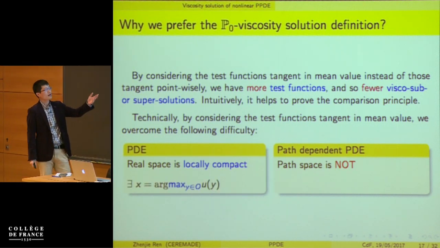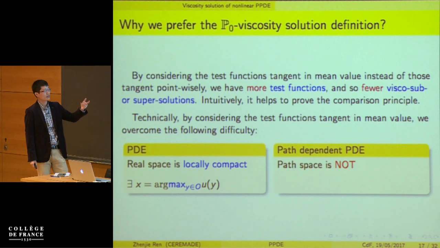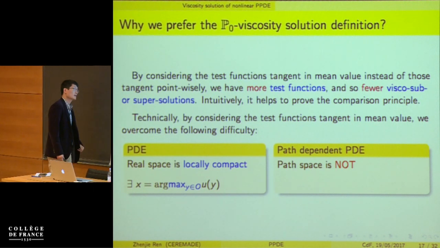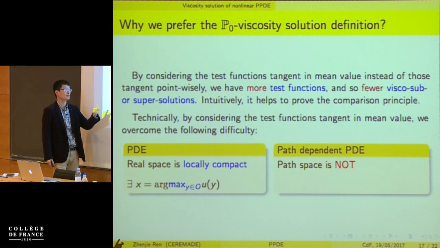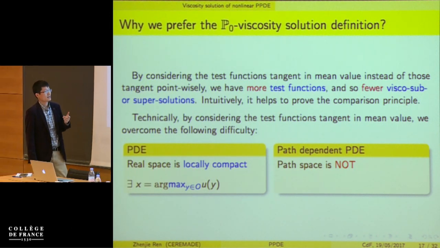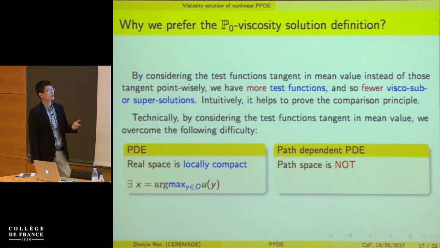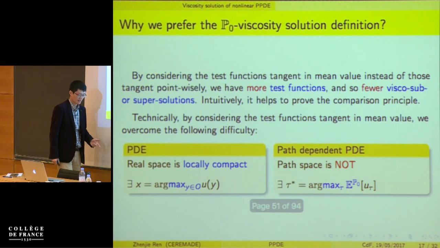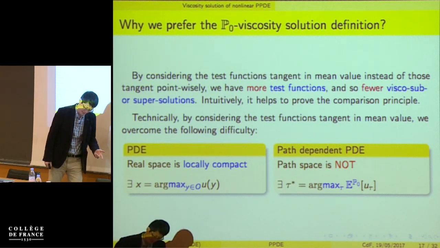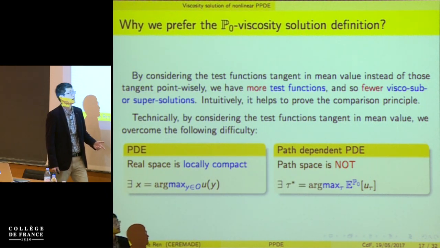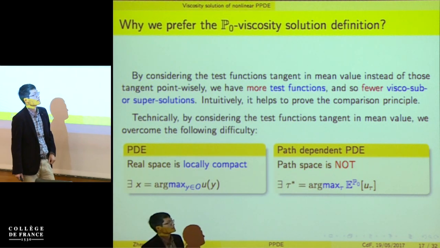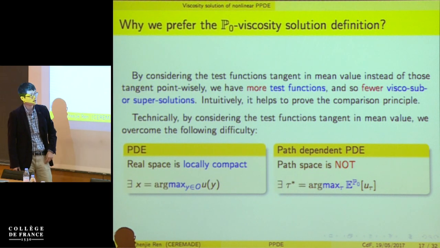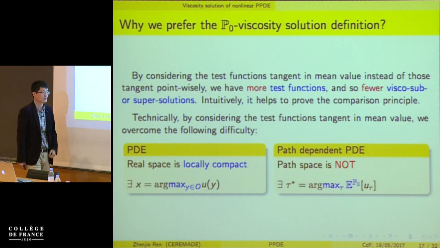And for a locally compact space, you can always find a maximum in a compact neighborhood. But this kind of argument can no longer work in the path-dependent context, but we have a way to replace it. We can indeed consider the optimal stopping problem and find the optimal stopping time t star to solve the optimal stopping.